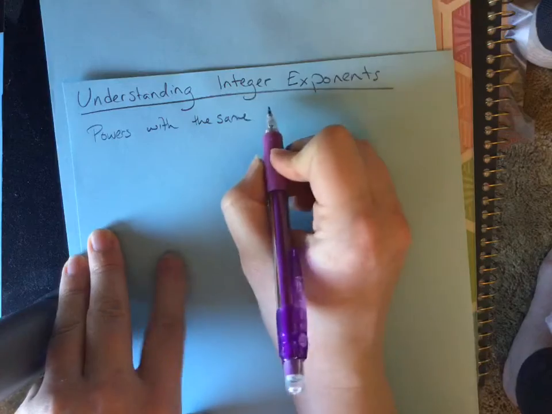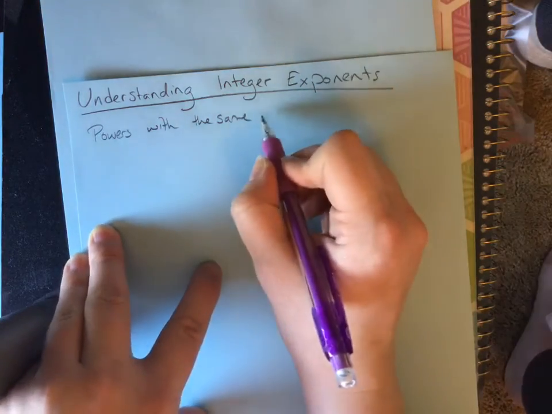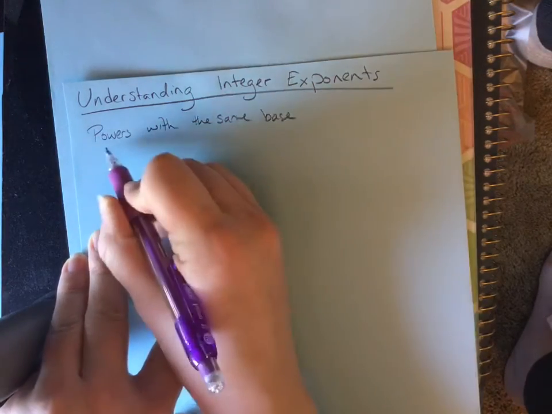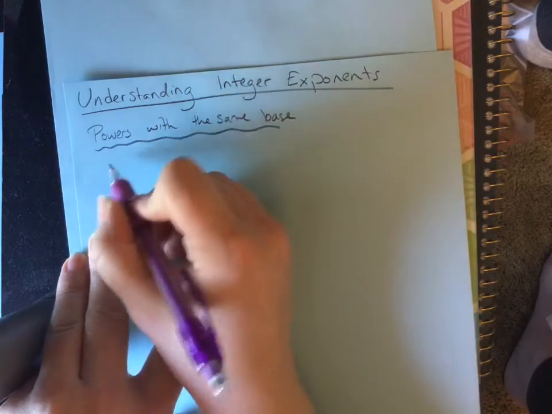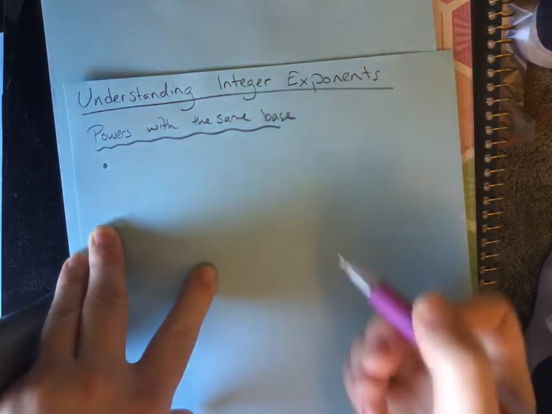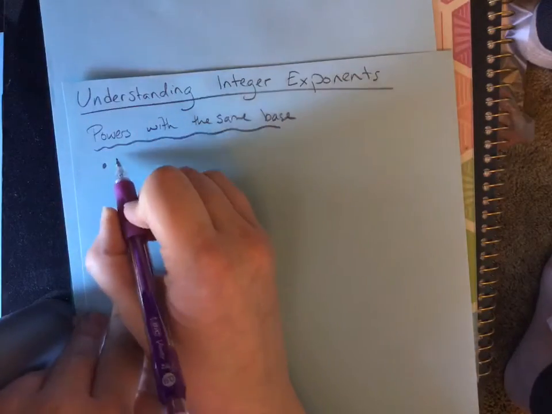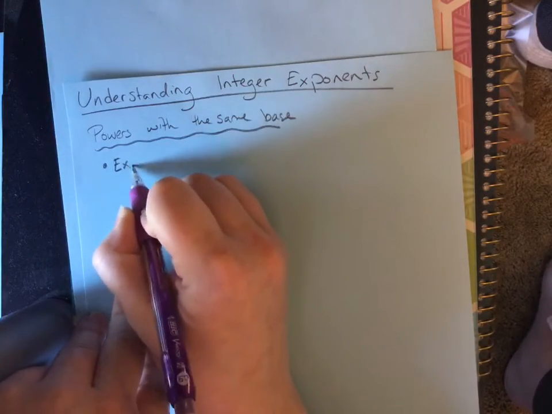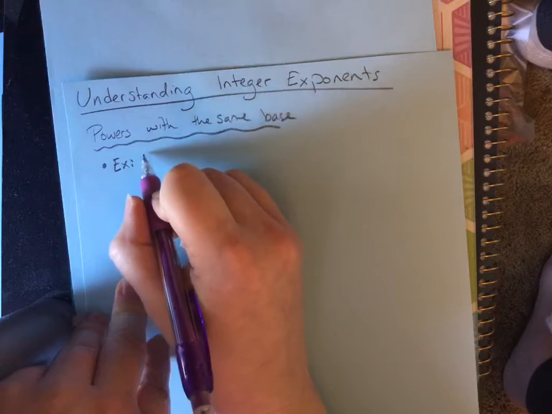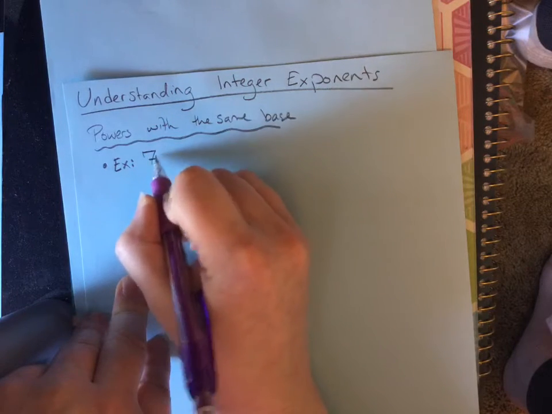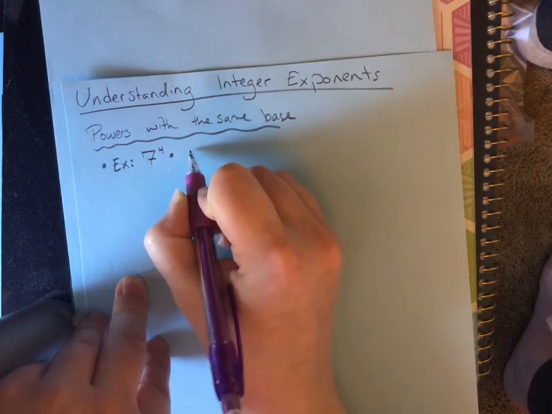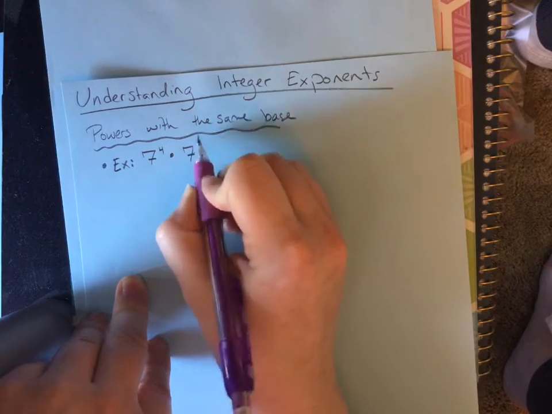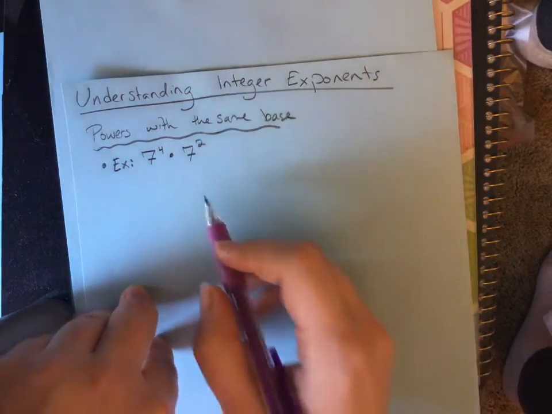So let's talk about the first page, powers with the same base. My example is 7 to the 4th power times 7 to the 2nd power.